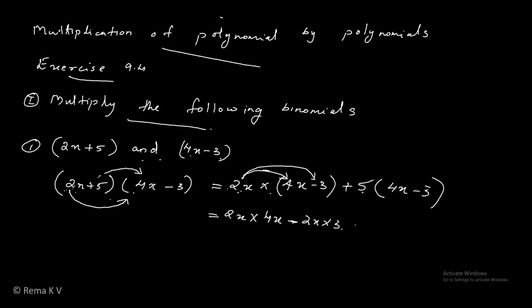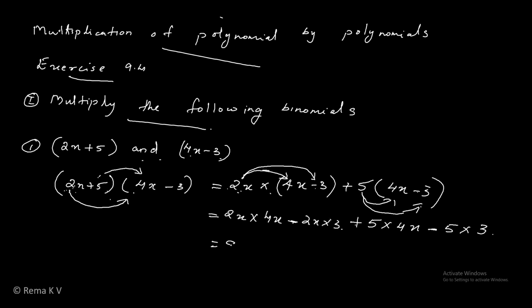Now the next is, we have to multiply with 5. Plus 5 into 4x. And the next one is, here it is minus sign, so 5 into 3. So once again, 2x into 4x minus 2x into 3 plus 5 into 4x minus 5 into 3.